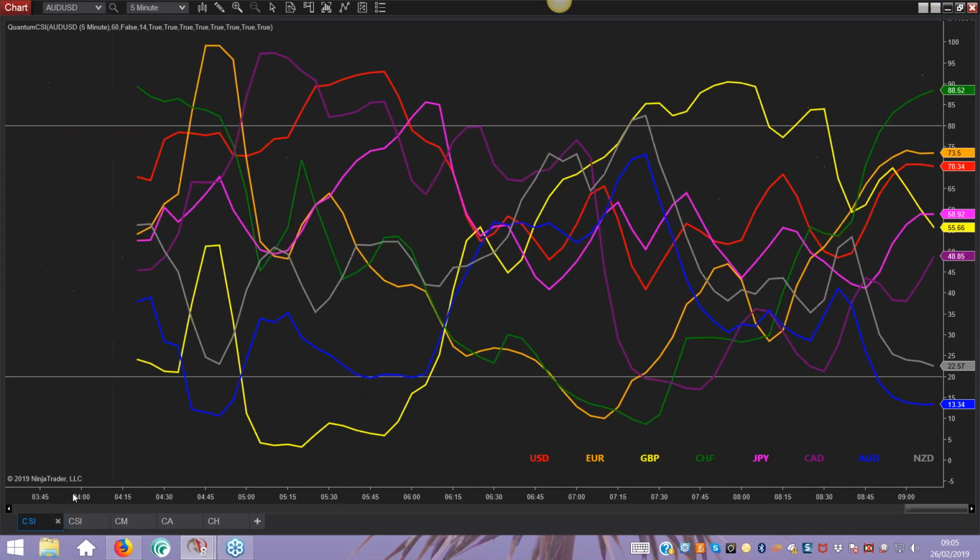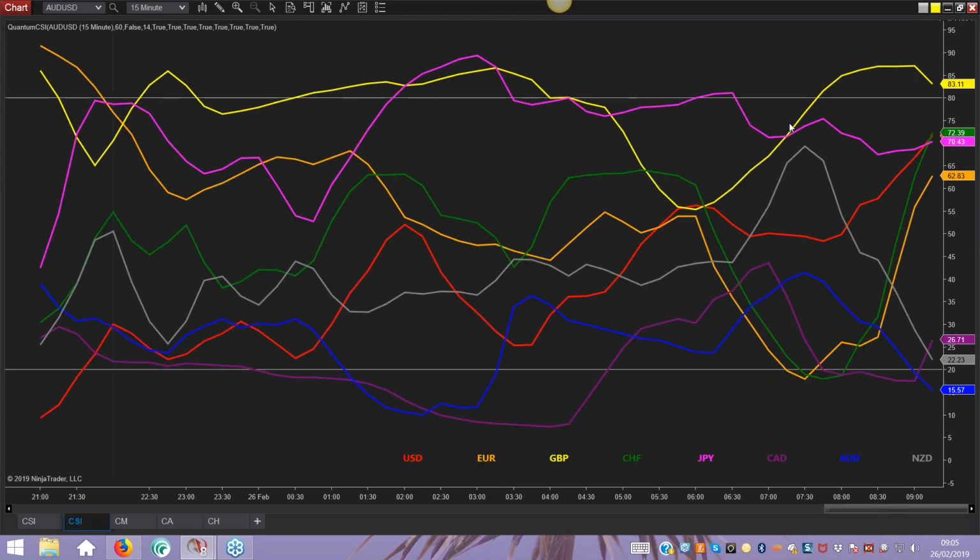What we're seeing in terms of the British pound is that we've had strong buying, it's been in overbought, and now we're starting to see it sell off. The same is occurring on the 15 minute. We're just looking at the yellow line here. As you can see, it's been up here before, very strongly overbought, then it sold off, then it rallied again, and we're back into the overbought region again. That's just a fact of life.